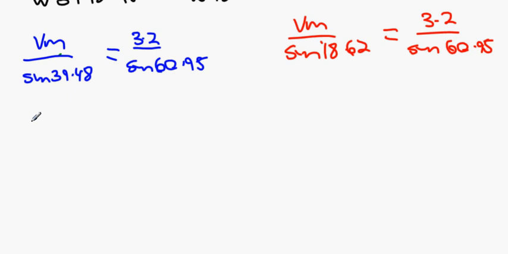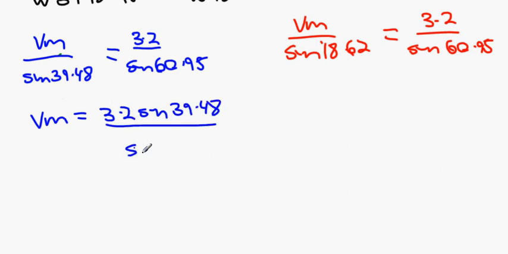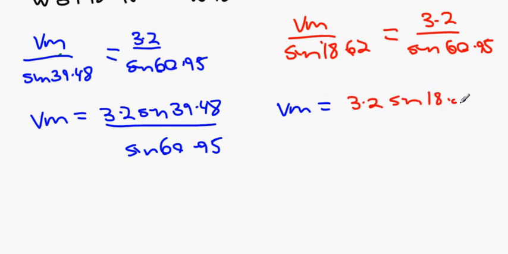So what we get here, we're going to multiply: velocity of man equals 3.2 sine 39.48 all over sine 60.95. And then the second one is going to be velocity of man, done in red, so 3.2 sine 18.62 all over sine 60.95.